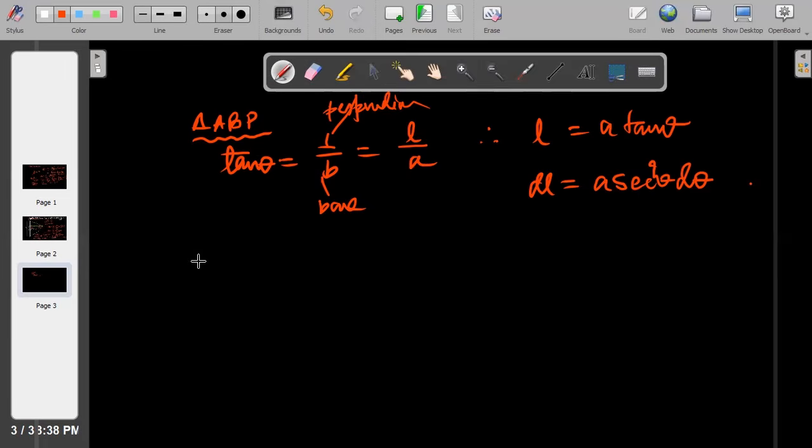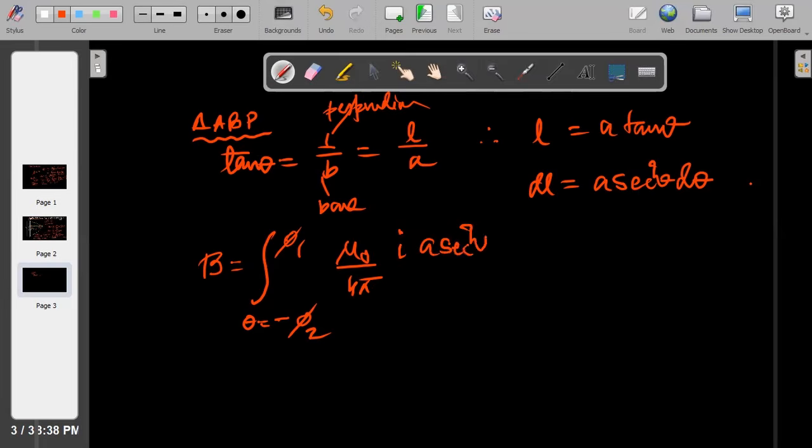Now we got the expression: B equals integral, theta changing from minus phi 2 to phi 1, mu naught by 4 pi into I A sec square theta, divided by r square, which will be A by cos of theta whole square. And another cos theta term is there, d theta.